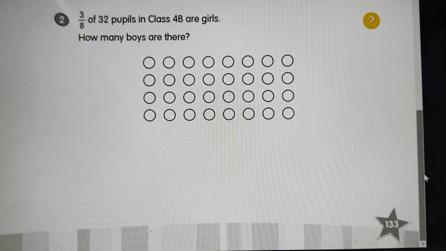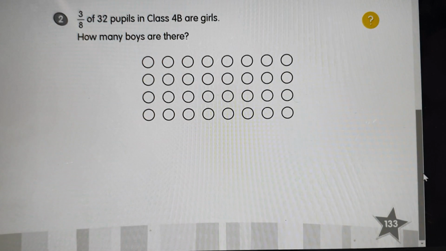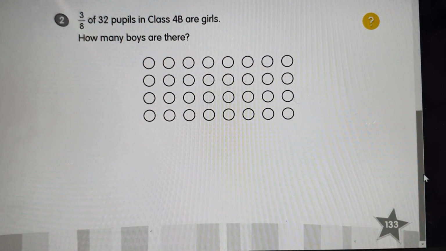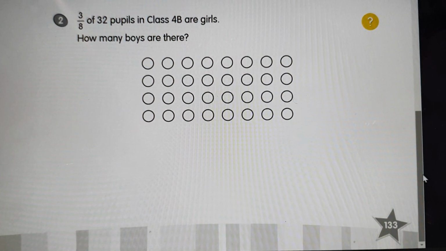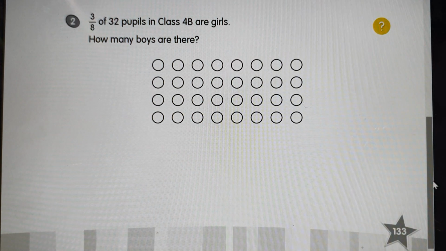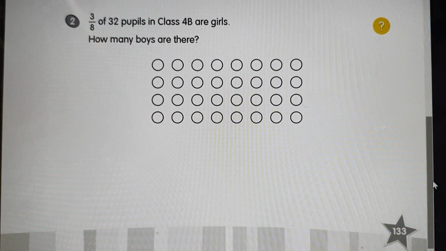Please turn to page 133 and let's look at question 2 together. So 3 out of 8 of 32 pupils in class B are girls. So how many boys are there?